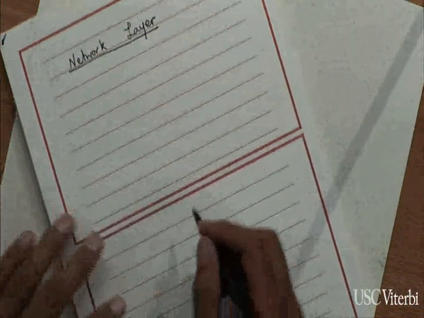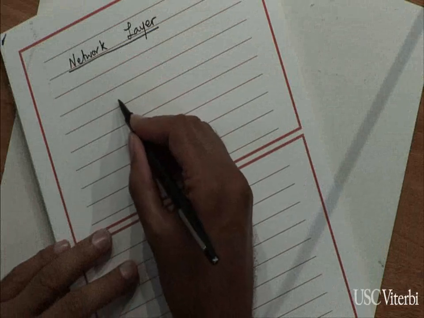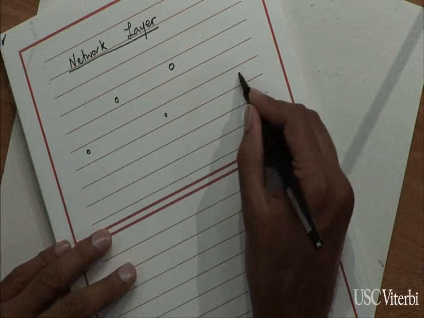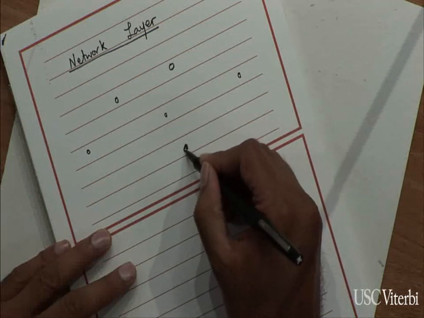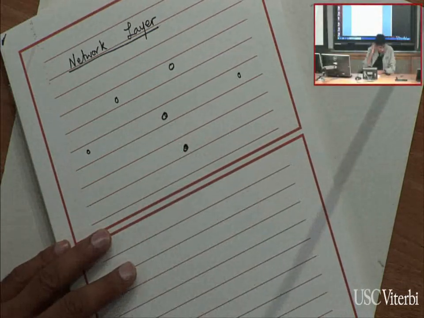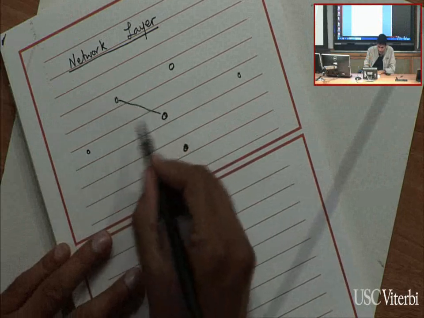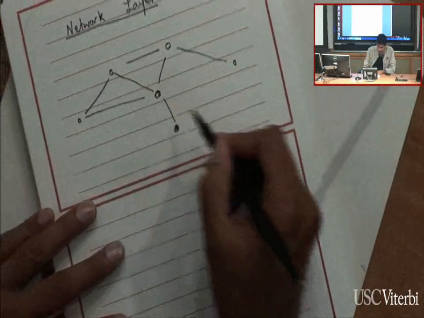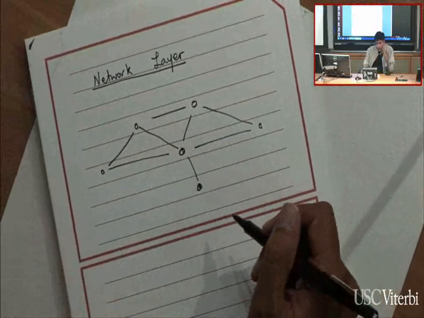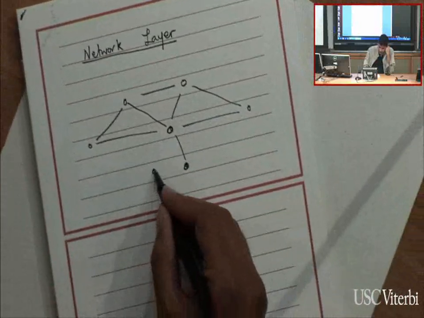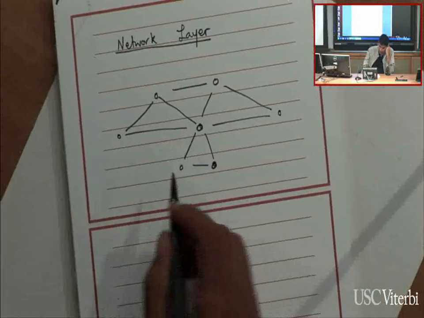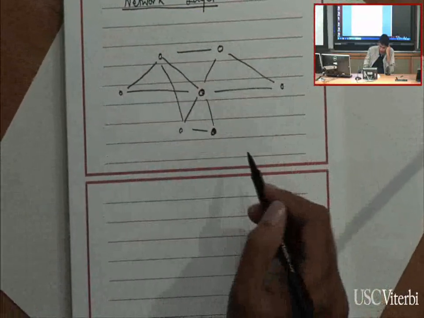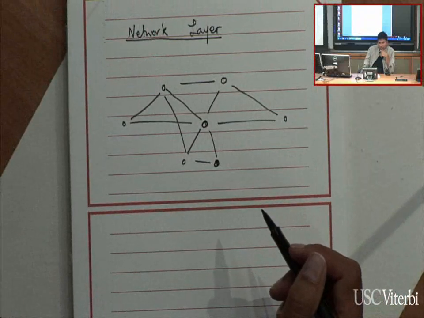So in the last class, we started to think about what the network might look like from a layer 3 or routing perspective. You have a set of nodes, and we want to create a multi-hop wireless network that is routing the data between them, and you get a certain set of links that are active.